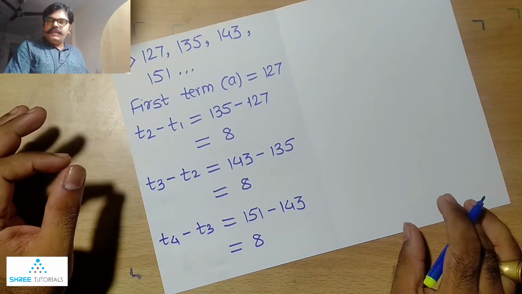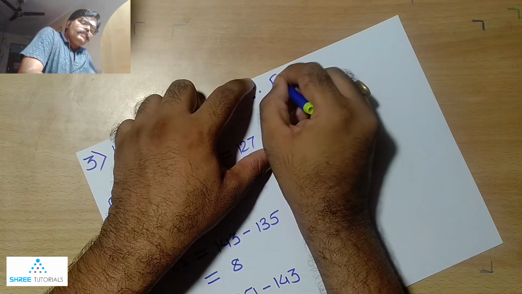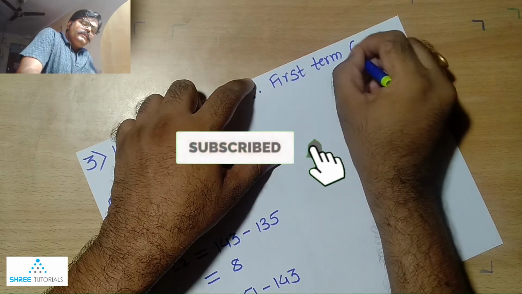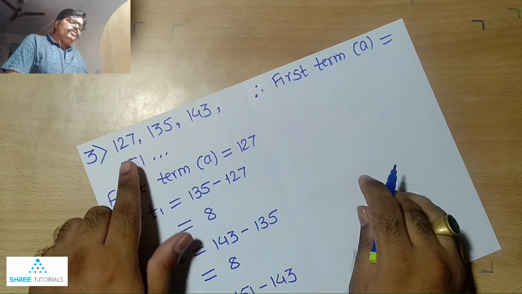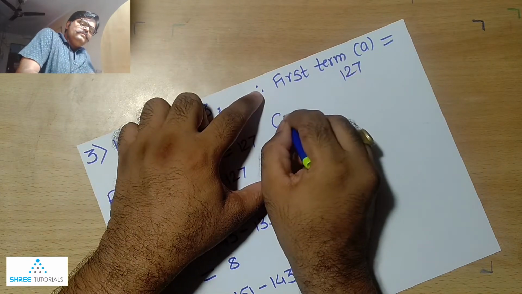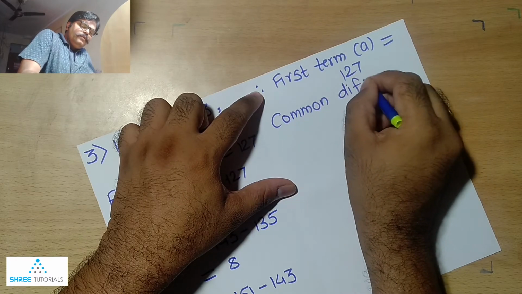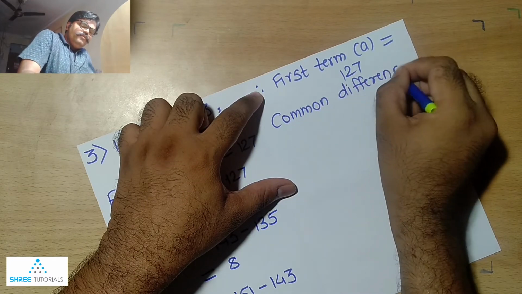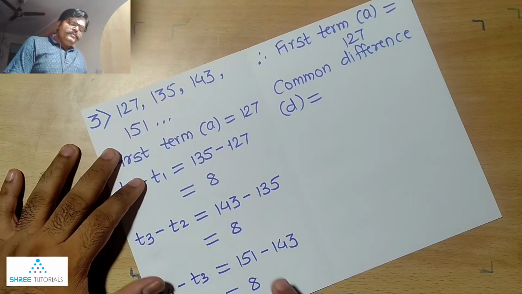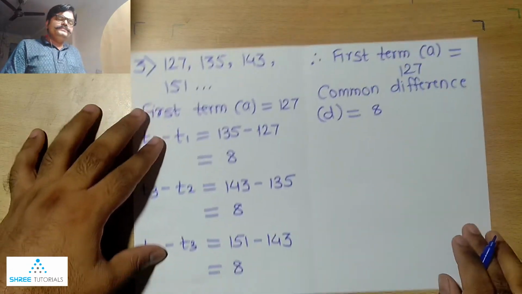Now the result we can write is simply, the first term, that means A, is equal to 127, and the common difference is denoted by D, by the way. The common difference will be equated with this subtraction, which is equal to 8.